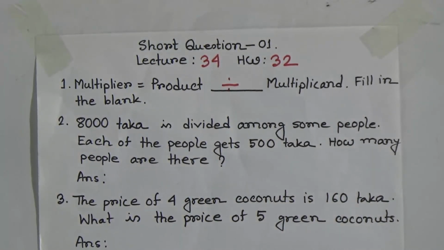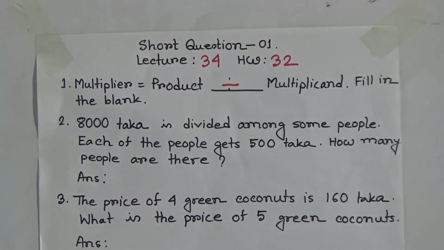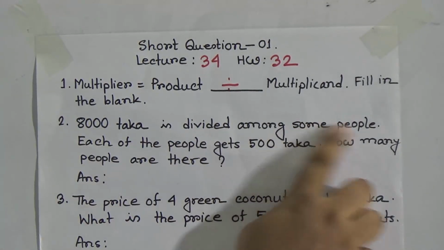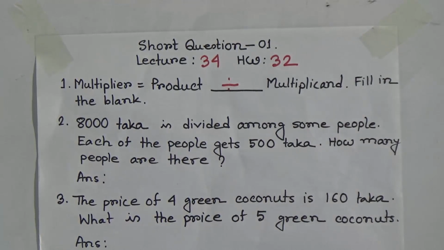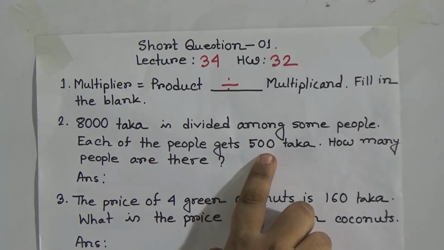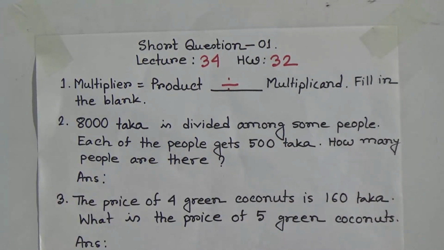Okay, next question. 8,000 taka is divided among some people. Each of the people gets 500 taka. So how many people are there?